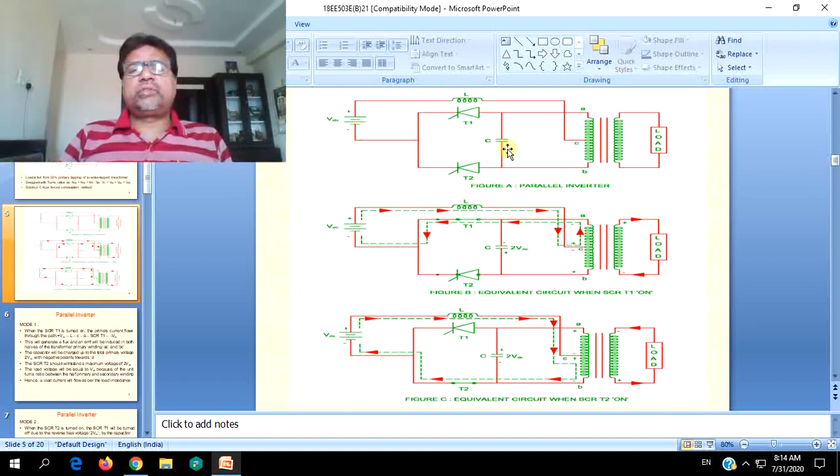Once you switch on the supply at T equal to 0 or at the required instant, T1 will be turned on, and as T1 is turned on, it acts like a short circuit, whereas T2 acts like an open circuit, as it will be in reverse blocking as well as forward blocking condition.